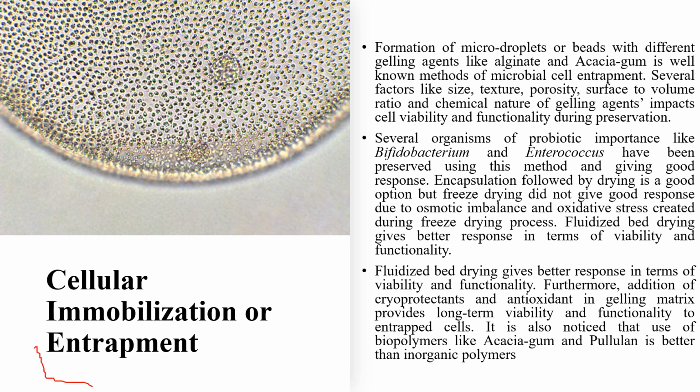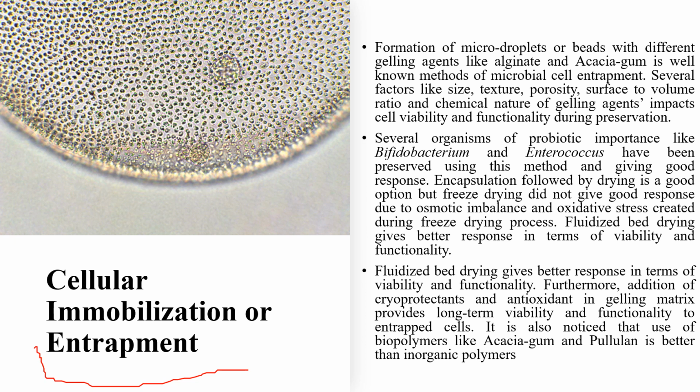The next technique is cellular immobilization or entrapment. Formation of microdroplets or beads with different gelling agents like alginate or acacia gum is a well-known method of microbial cell entrapment.